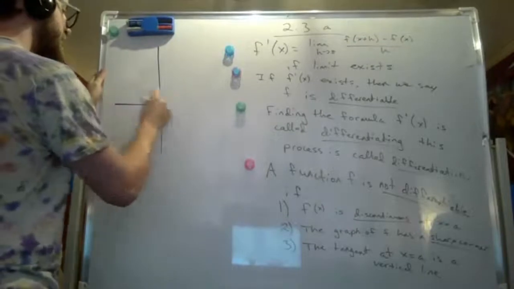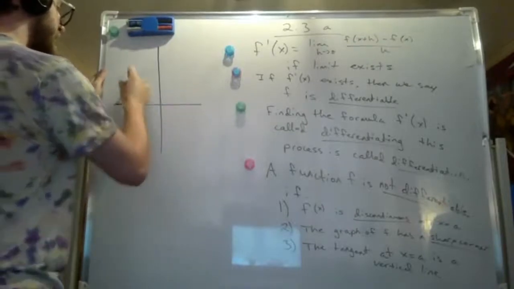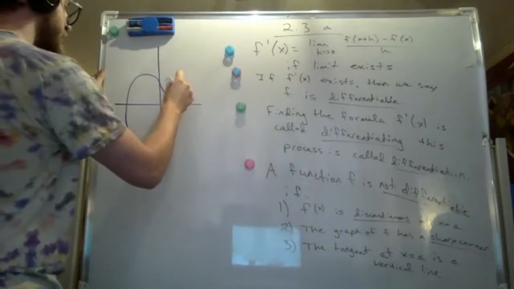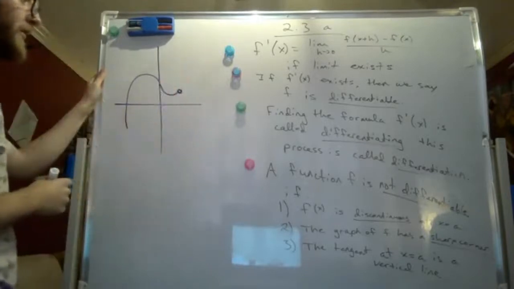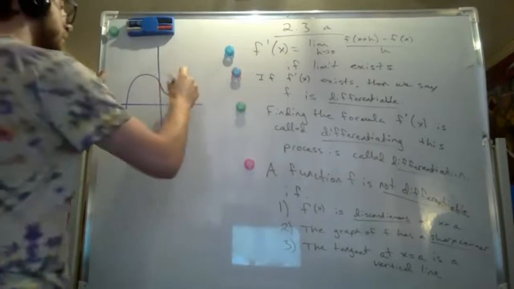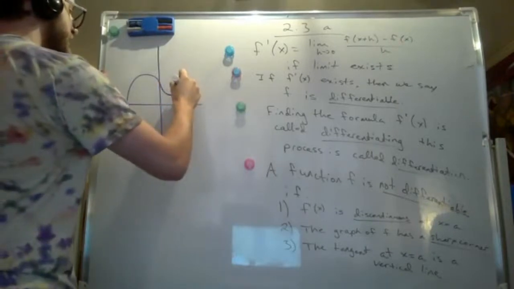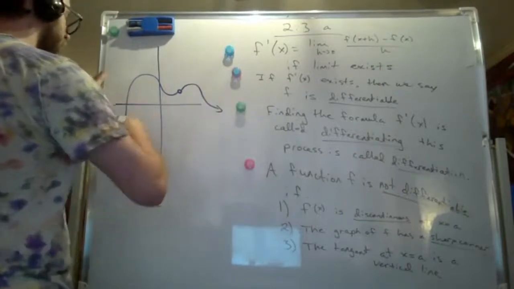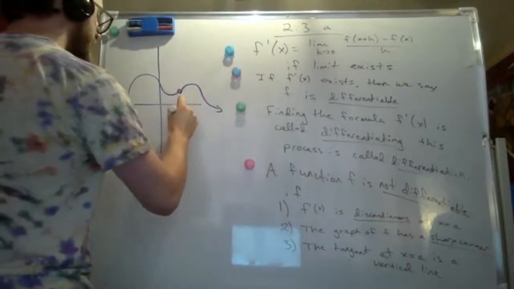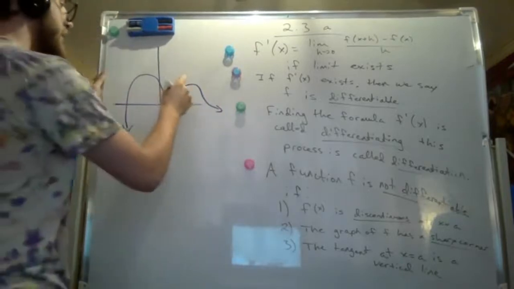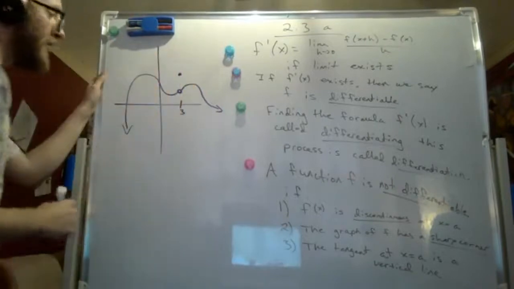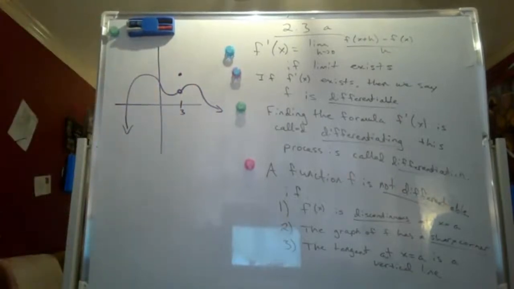For example, maybe I've got my function doing something like this, then I've got an open circle here, so it's not filled in, but then maybe the function continues from that exact same point and keeps going. And then at this point, let's say x equals 3, maybe f is actually supposed to be this point floating up here above the function.